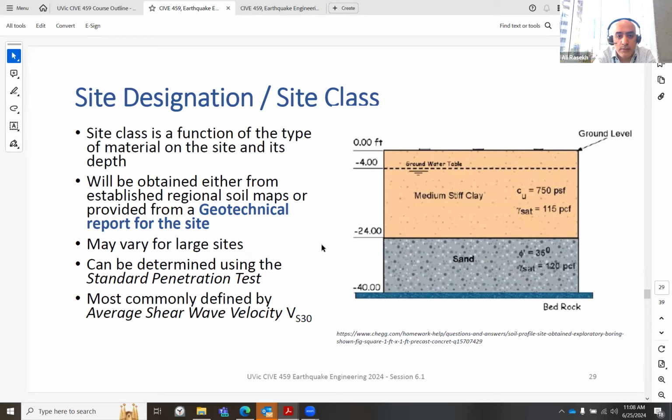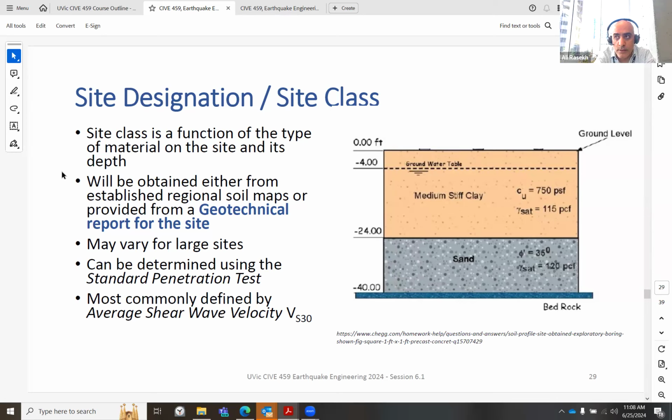In most engineering codes, we normally talk about site class, site designation, and some new concept. However, traditionally, for many years, we talk about site class, which is important to us. Site class is a function of the type of material and the depth.